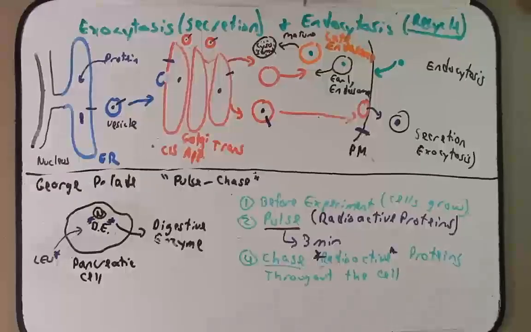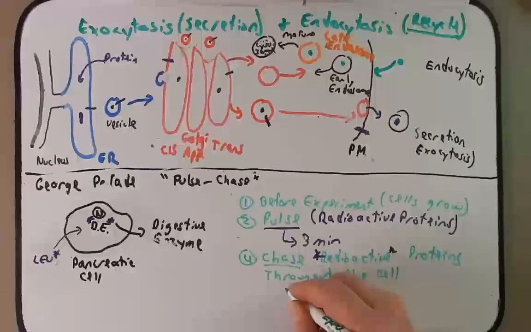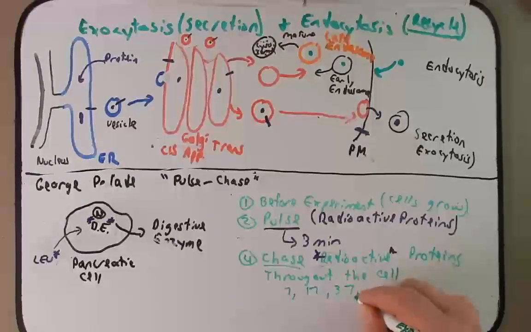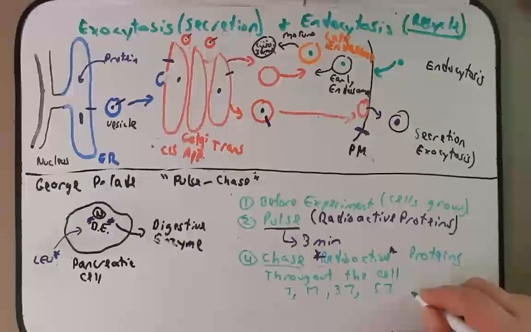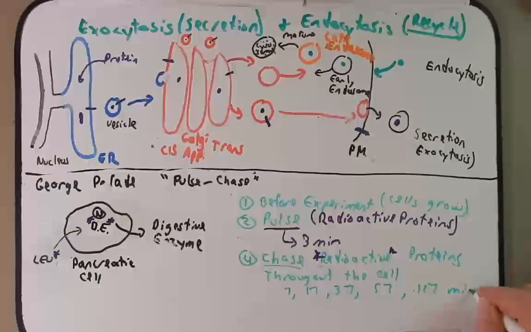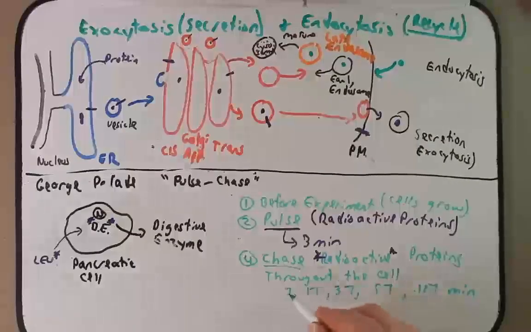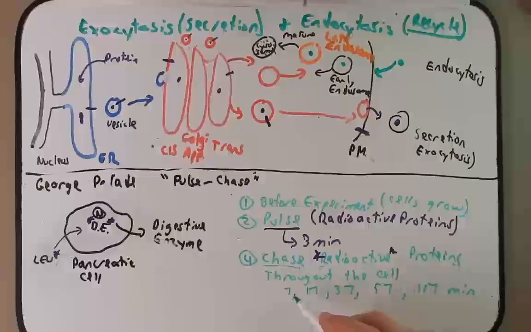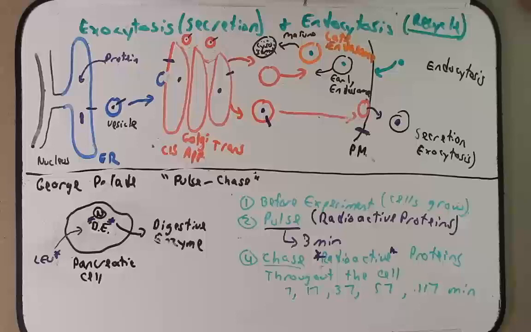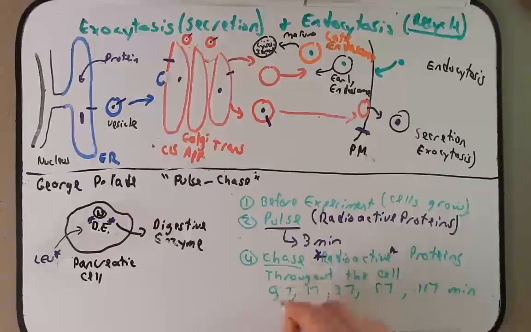So what they would do is at various time points, your book says 7 minutes, 17, 37, 57, and then 117 minutes. They would take cells that were growing in a flask and figure out what part of the cell the protein was. They also looked at a 0 time point.